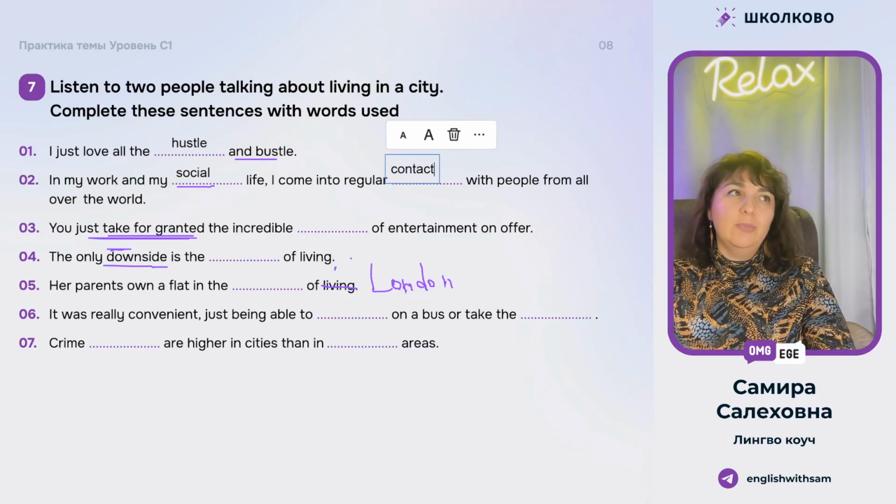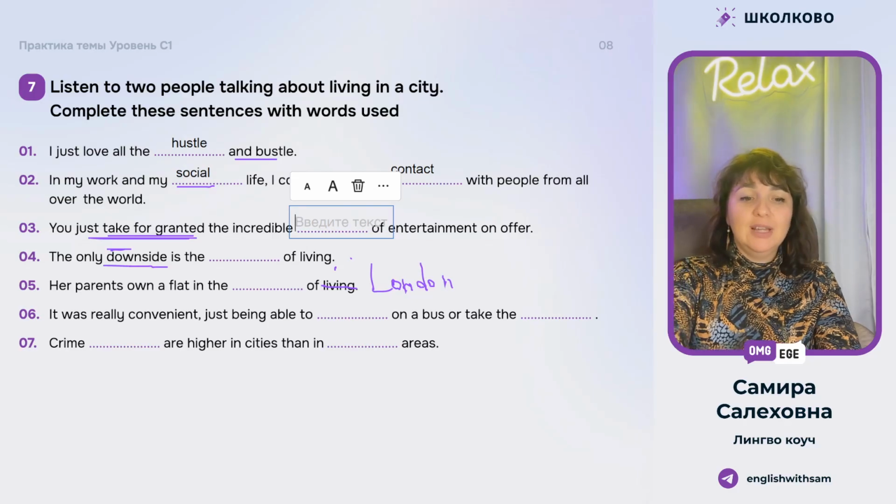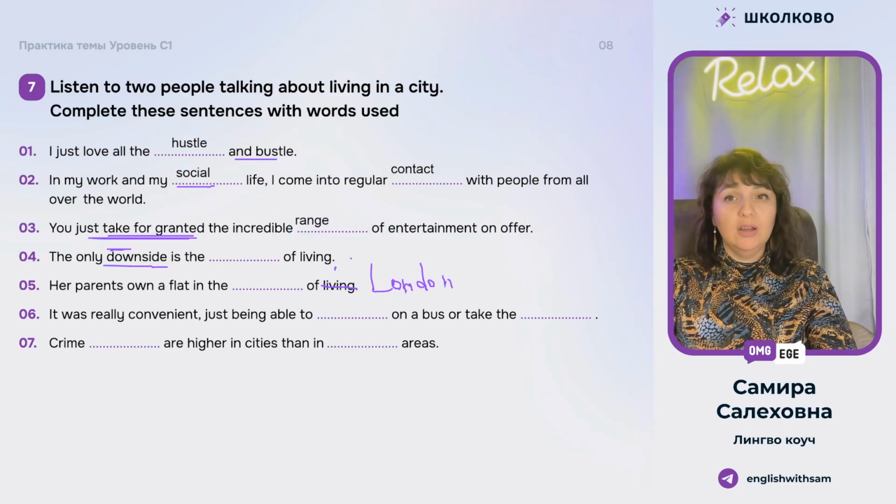Okay, so for example, high education or just life itself can be taken for granted. Good relationship. So here we have the incredible range of entertainment on offer, которые предлагаются, entertainment on offer.